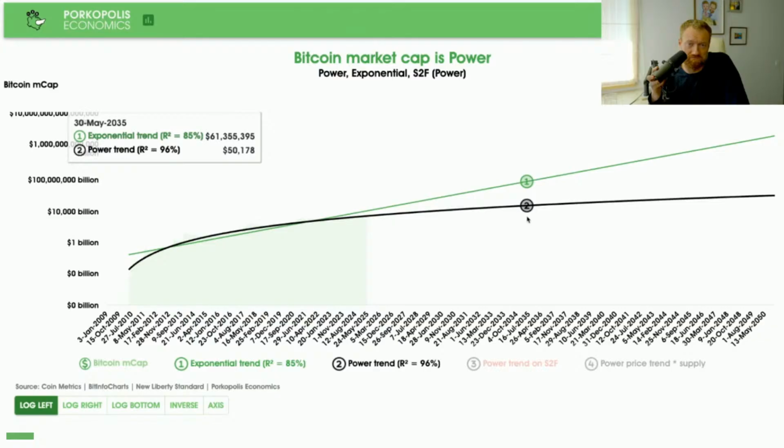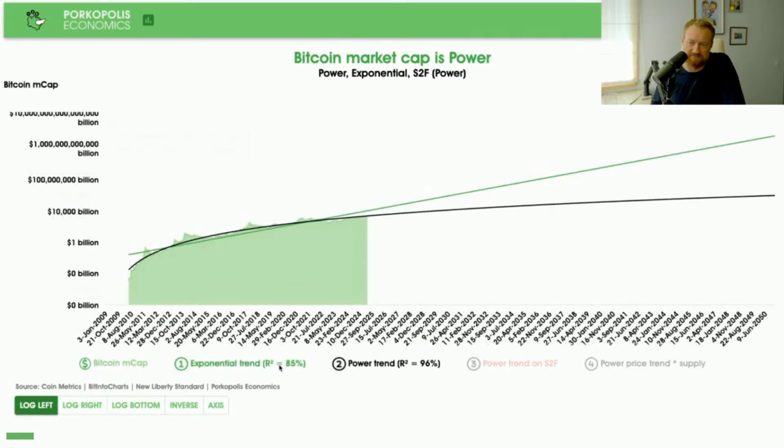So it's going to be 60 quadrillion in 10 years. Obviously, the numbers are laughable on their face. So it is not an exponential asset. Anytime you see a tweet or you hear someone saying Bitcoin is an exponential asset, they are not doing the math. All right, so I'm going to take off exponential now, just to drill the point home that exponential just fails time and time again.